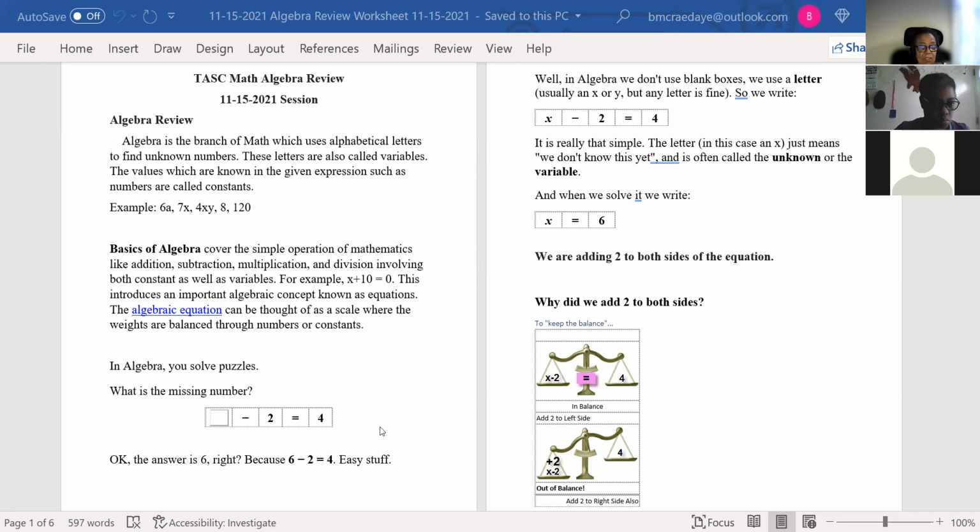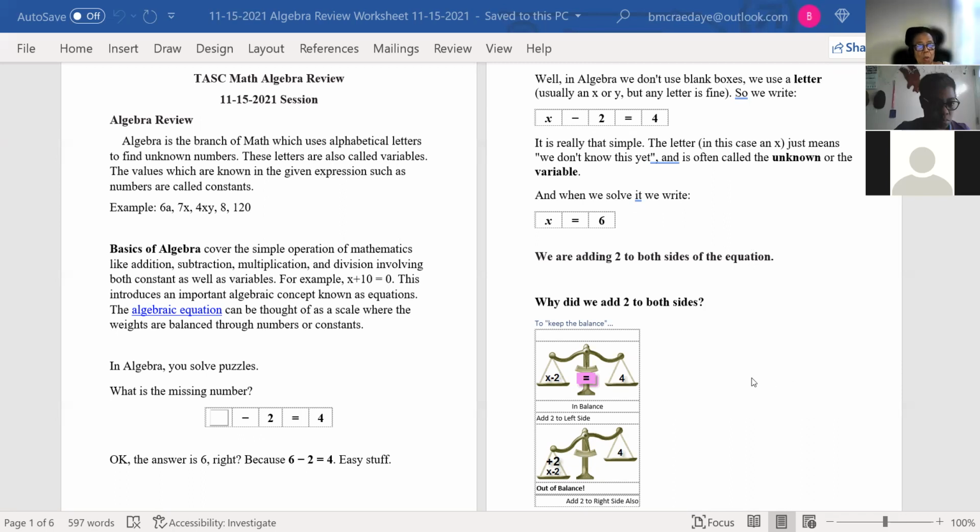But in algebra, we don't use the boxes like we do here. We use a variable. So over here on this screen, where you see x minus 2 equal to 4, that's like an equation. X variable minus 2 is equal to 4. What is that unknown variable? That unknown variable is what you said, 6.